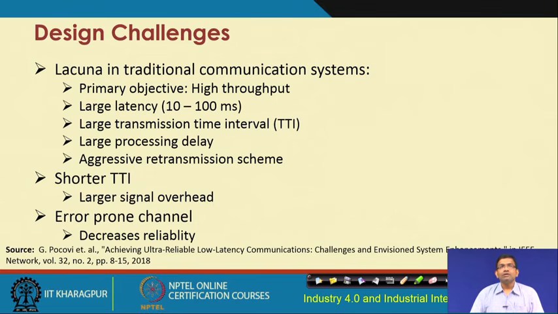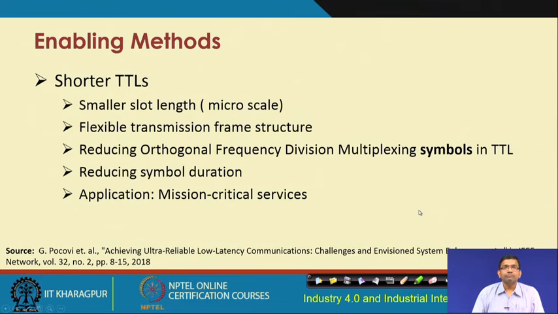So, here we need shorter TTI systems which will provide quite faster, prompt, low latency communication, but with larger signal overhead. So, basically the signal overhead is going to increase. Additionally, we have to deal with challenges of errors, error prone conditions which decrease the reliability.